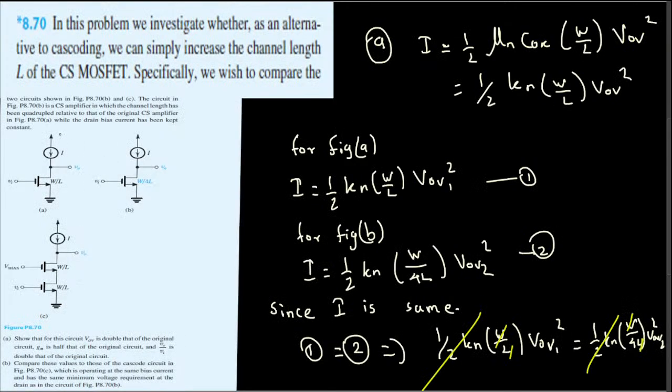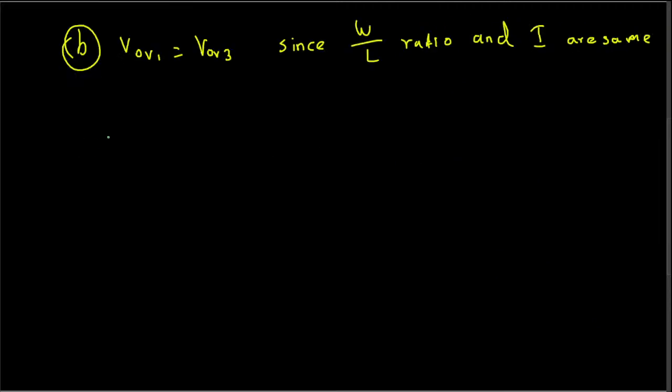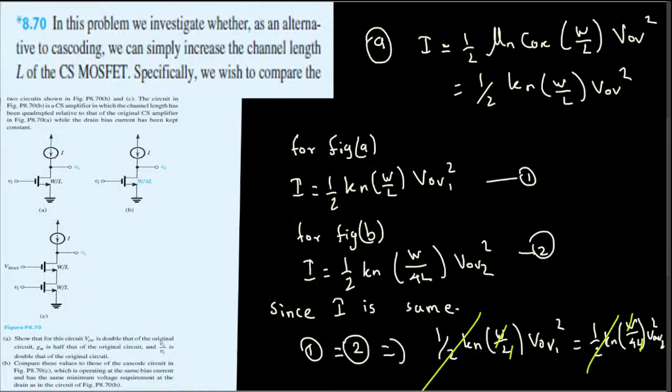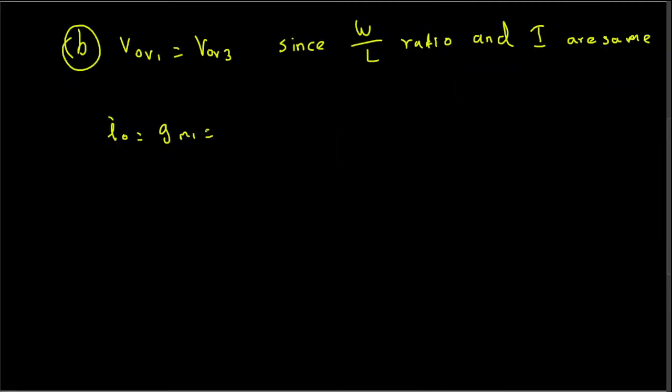If you look at the transconductance for the first one, we can write the expression as Io is equal to Gm1 times the input voltage Vi. That's the current in the first one.